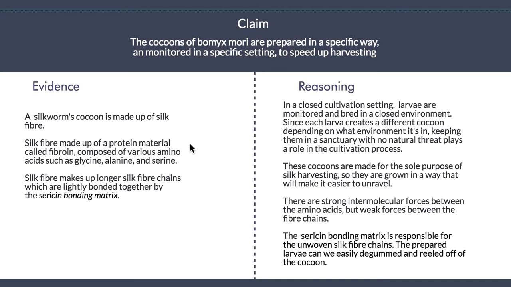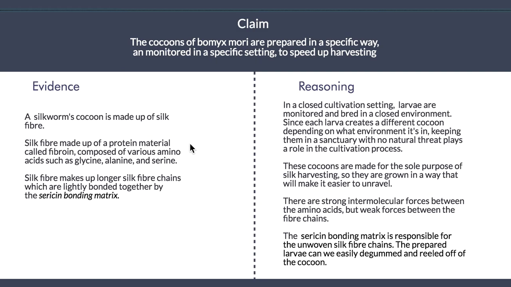They are prepared in this way to make it easier to unravel and to speed up the harvesting time, because if they are heavily bonded together, which is what happens when they are in the wild, because of the different variables that affect the way that the cocoon is made, it will be harder to unravel and unreel. That is why there are these special cocoons and special settings to grow these larvae in, so that they can be used for harvesting.